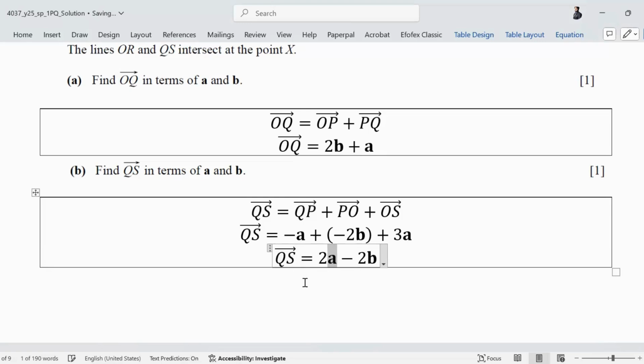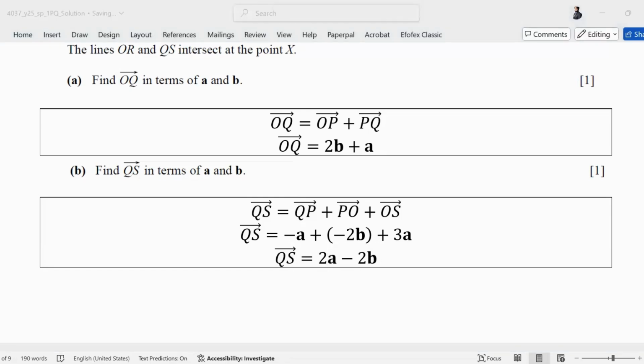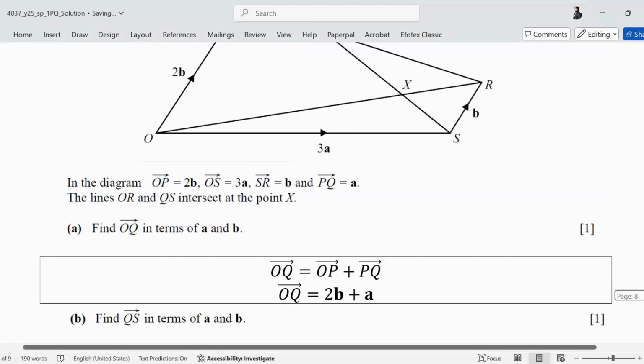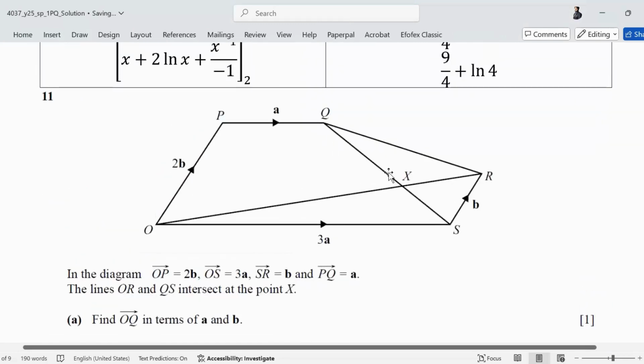This is my QS. Now, the question has given us some information in part C, and they are telling us that QX is mu times QS. QX is mu times QS.